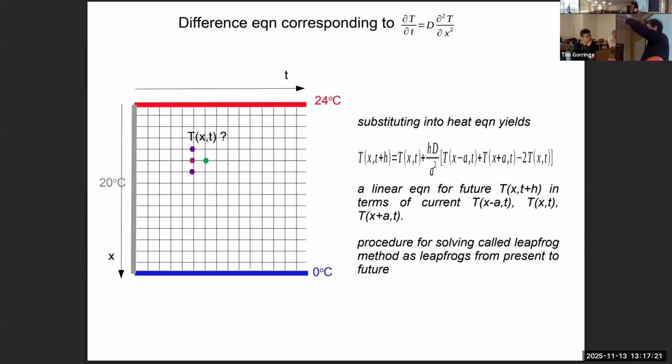This problem really has a kind of flow to it, a direction to it. It's why we're using this leapfrog method. So it's different from the two-dimensional grid in Laplace's equation, where we could have walked over the grid in any direction we chose. This is a two-dimensional grid, but the direction that we're going to walk is forward in time, leapfrogging forward in time.